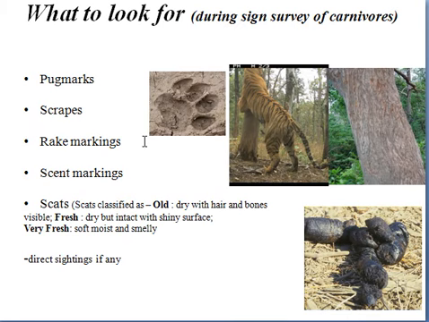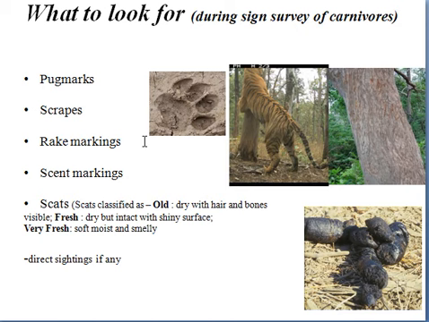Then under sign survey, what to look for? We can look for pug marks of tigers or any wild animal, scrapes on the bark of trees, rake marking, scent marking of the tiger or some other animal, and scats. We can find different types of scats in any forest, at different stages.